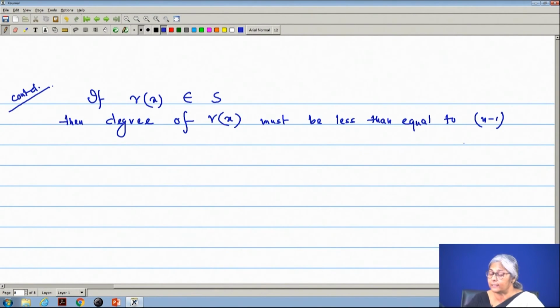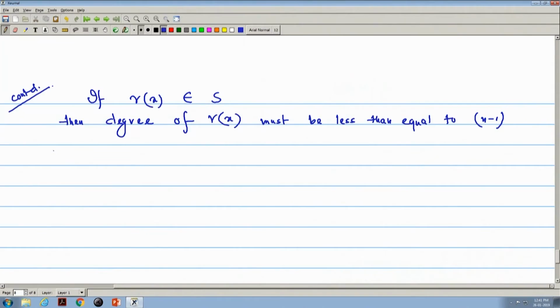So, when can I get polynomials as the remainder whose degree will be less than equal to n minus 1? When my divisor polynomial is of degree n.